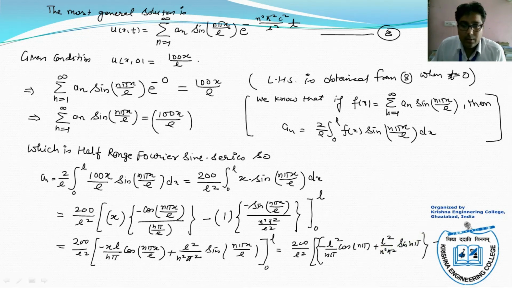Minus lower limit, put x equal to 0, then the whole term is equal to 0 and this term is equal to 0. So the whole term is equal to 0. Clear?